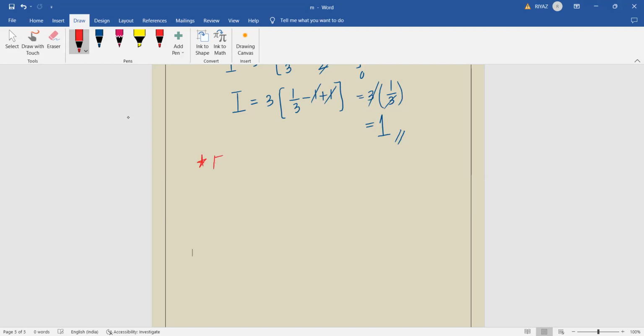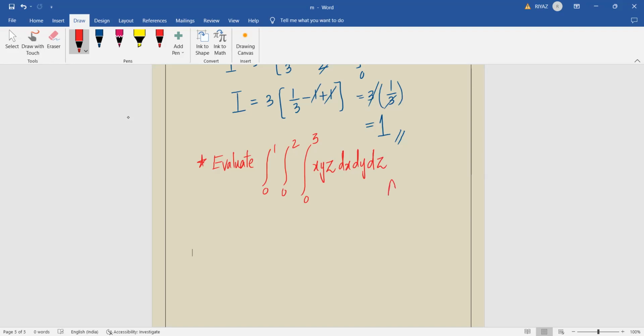I'm writing here. The question is evaluate the integral with limits 0 to 1, 0 to 2, and 0 to 3, of x, y, z, dx, dy, dz.